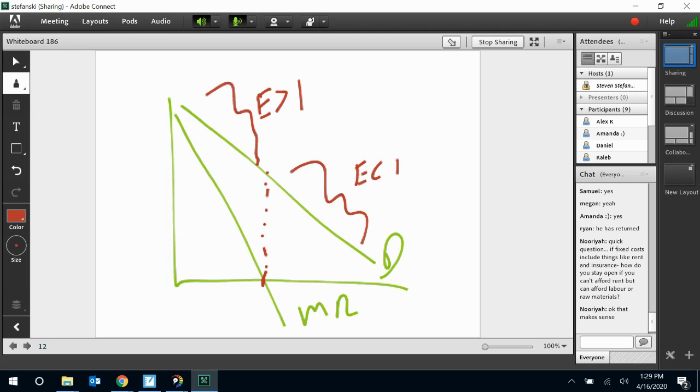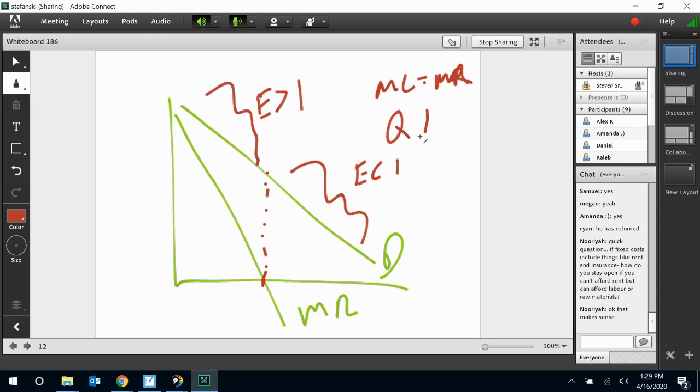Okay, that's just something you may have to be aware of. But the rules of producing where MC equals MR always exist. Oops, that's supposed to be an MR. That always exists. Okay.